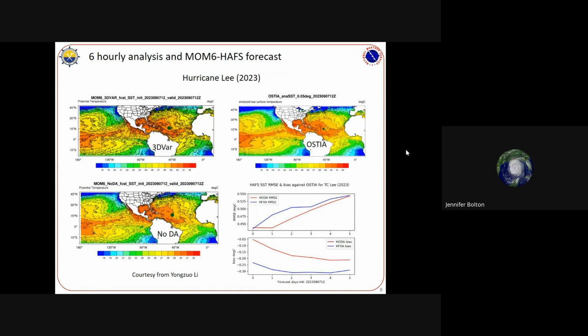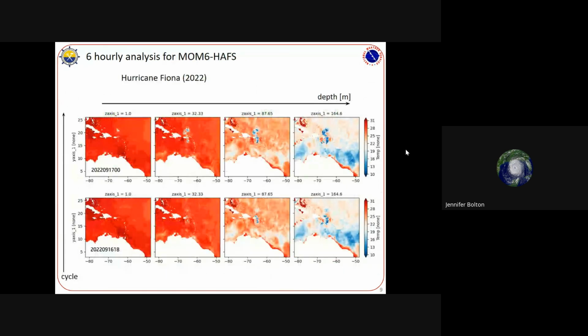When you look at the red, which is the data assimilation, it obviously reduces the negative bias of the MOM6, but looking over the 5 days period, the trend is quite larger than without the data assimilation. So that means I think we need a different way to apply the data assimilation. So next.